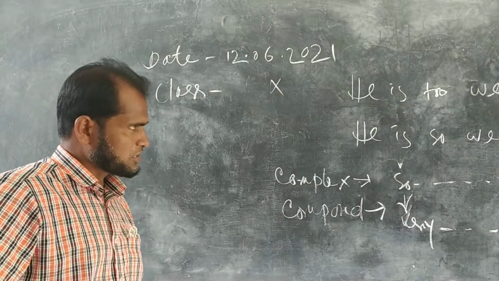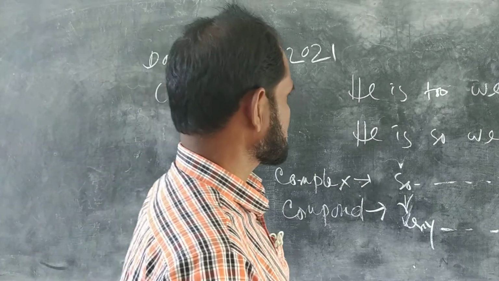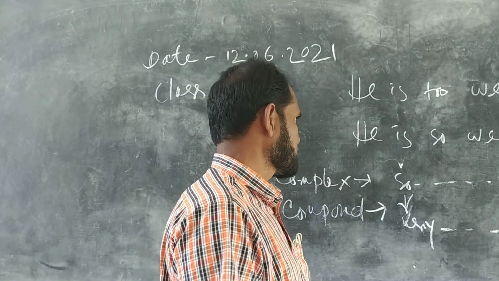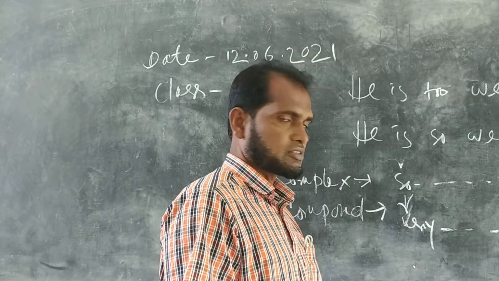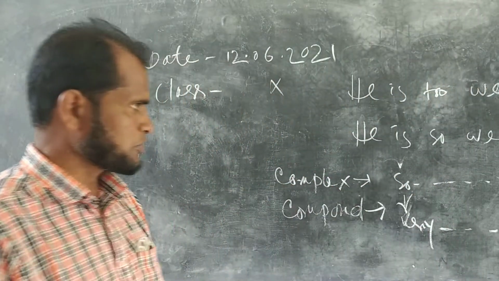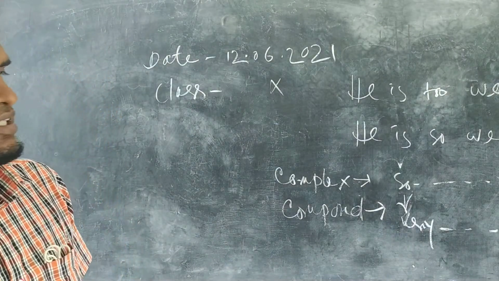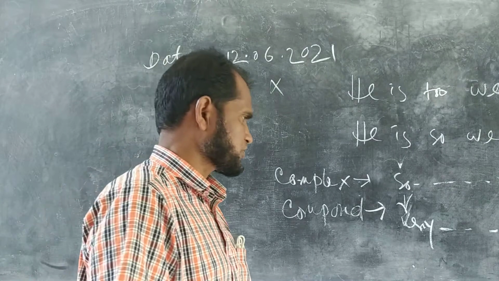This sentence has been turned into a complex sentence from the simple sentence. He is doing work. He is showing that he cannot work. According to the structure given by me on the blackboard, if you follow the structure, you can easily turn a simple sentence into a complex sentence.